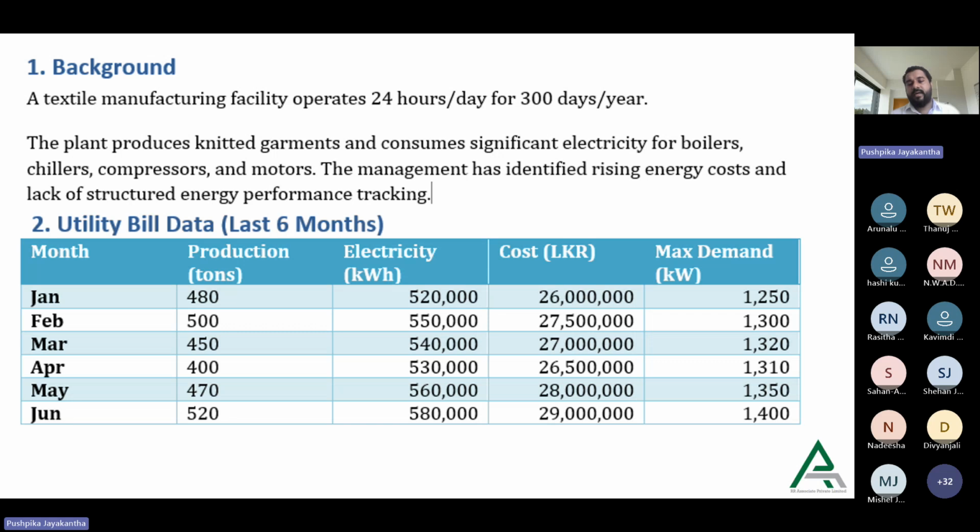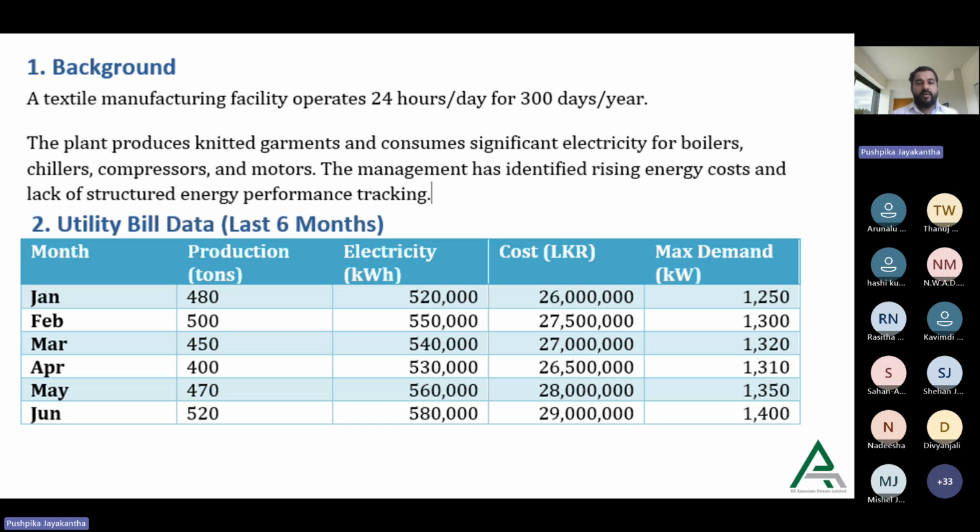At the same time, they have provided the submetering data for the production motors, compressed air systems, chiller system, and lighting and utilities. And some technical data: the compressed air system has an estimated leak of 25%, the chiller system has a potential of 20% energy saving, and the boiler efficiency is 75%.